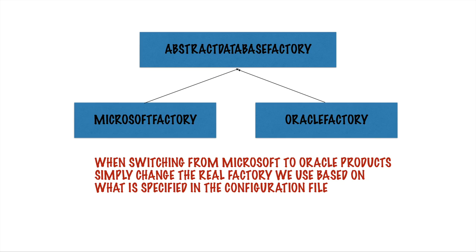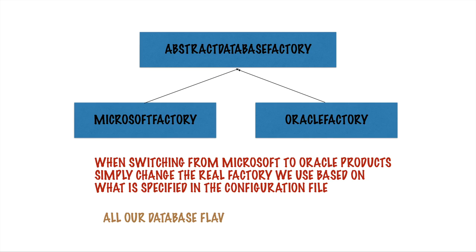This should continue to work as before, as we saw in the factory method and the abstract factory discussions that we had in earlier lectures. When we switch from Microsoft to Oracle products, we simply change the real factory that we used. We use either the Microsoft factory or the Oracle factory based on what's specified in the config file. We'll still have access to all families of products.